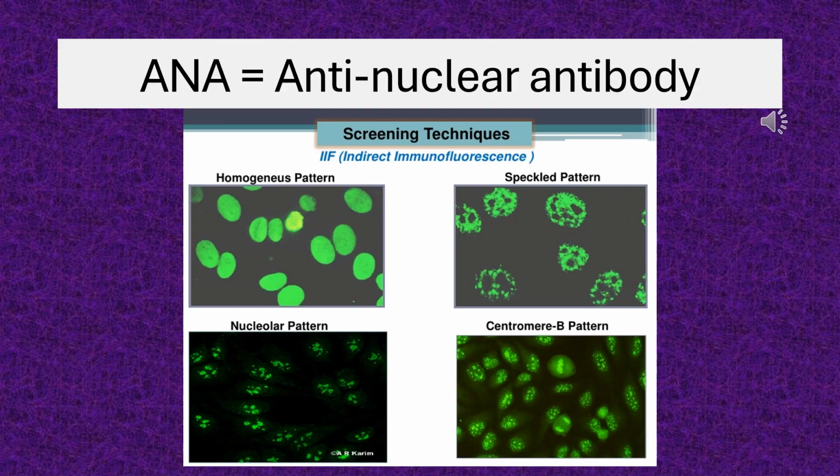Further, the amount of greenness that is present to consider it positive versus negative might vary from one technician to another. It doesn't just go from this bright green that you see in the homogeneous pattern to nothing. It goes from bright green to a lighter green, and where you cut off the positive versus negative can be a little bit tricky, and it's going to vary from technician to technician.